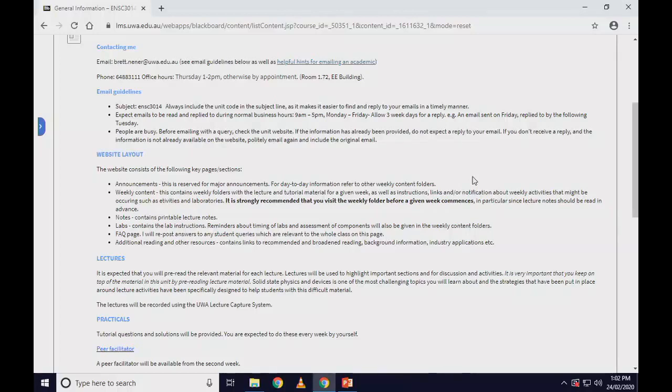The reason for giving you a mid-semester exam is to give you some feedback and to reduce the amount of stuff you need to remember if we just had all of the exam at the end of semester. The mid-semester exam will be on the material given in the first half of the unit.